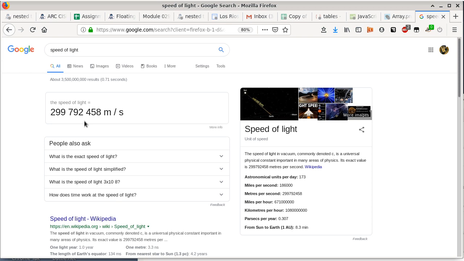So let's say your science teacher says, I only need you to have four significant digits in your calculations. Is that okay? Are you going to enter the entire number every single time when you need the speed of light? Let's also make sure that we assume that your calculator is not one of those fancy ones that already has the speed of light as a constant that you can just punch in.